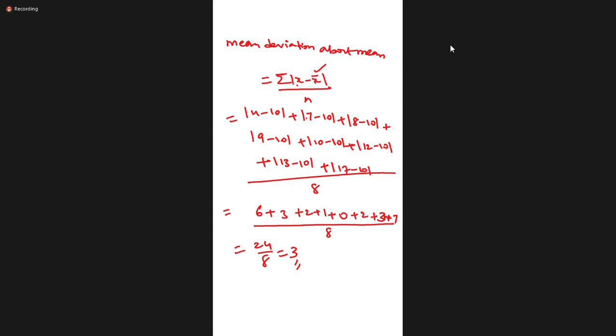So find the mean, then subtract every observation from your mean. You will get the deviations. Add the deviations and divide by the number of observations. That is called mean deviation about mean. They are asking about mean, that's why subtraction of X bar came.